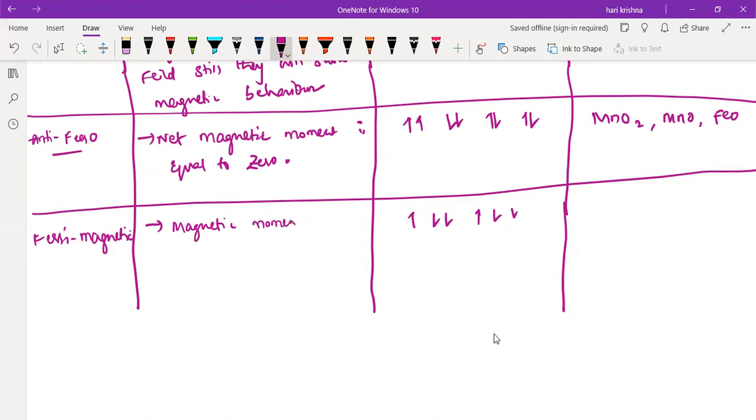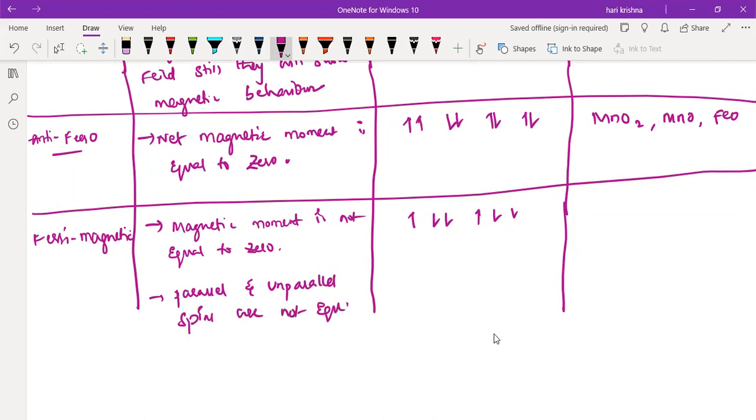Magnetic moment is not equal to 0. Parallel and antiparallel spins are not equal. So examples: Fe3O4 is the best.